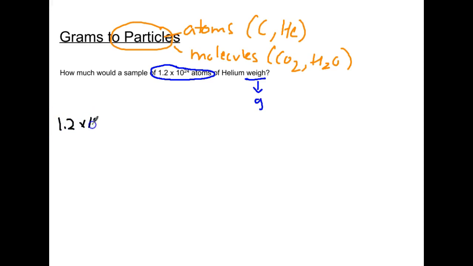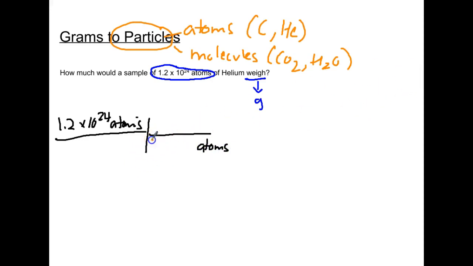1.2 times 10 to the 24th atoms. And now we've got to do our conversions. So, well, what's the first conversion that I'm going to need? Well, since I have atoms in the numerator here, I know I'm going to need to have atoms in the denominator here. Well, what's my conversion factor with atoms? It's always Avogadro's number.